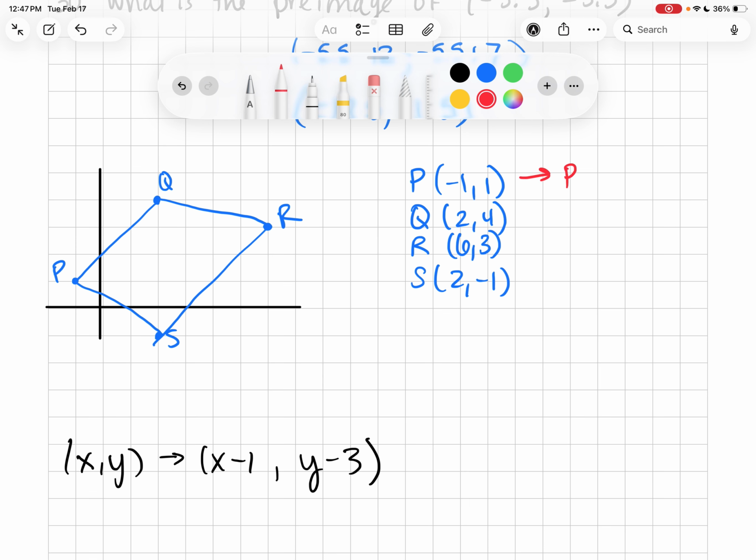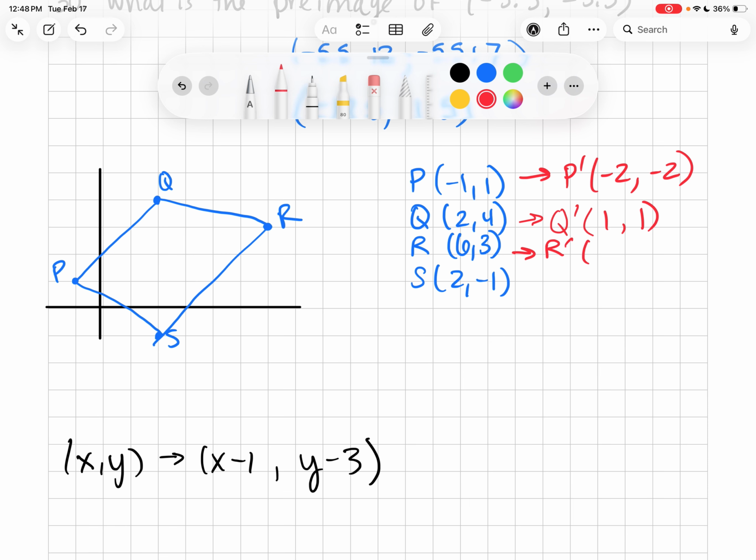So P prime would be negative 1 minus 1, so that's negative 2. Y is 1 minus 3, which would be negative 2. Q prime would be 2 minus 1, which is 1, and then 4 minus 3, which is 1.